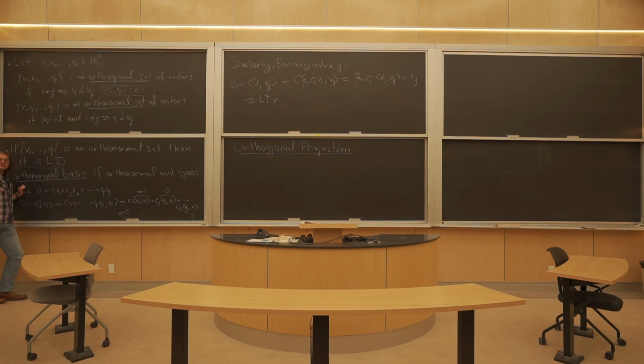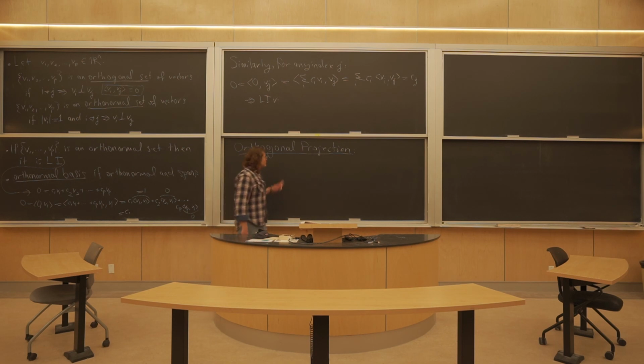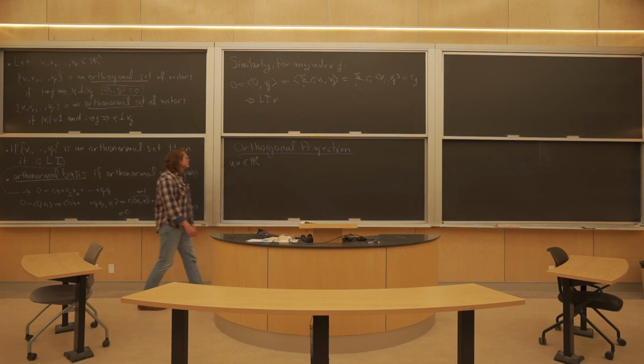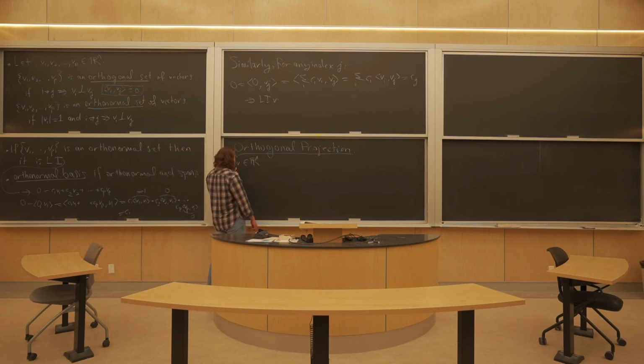But to come up with this orthonormal basis, it's sort of like an algorithm. And it really uses this notion of an orthogonal projection. And so for orthogonal projections, we start with two vectors. I'm taking two vectors, and I look at the span, the two-dimensional span. I'm assuming that they are not proportional. The two-dimensional span of u and v inside Rn.